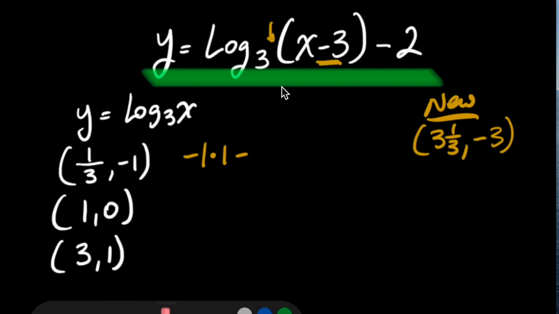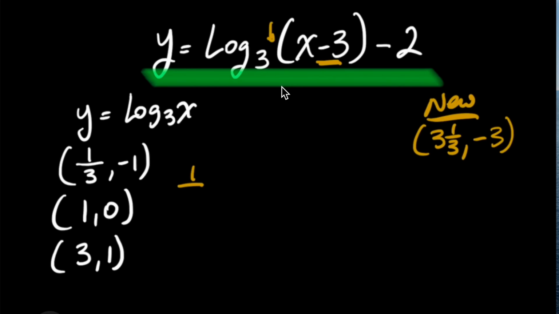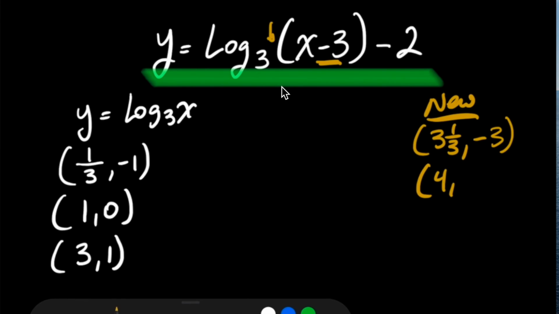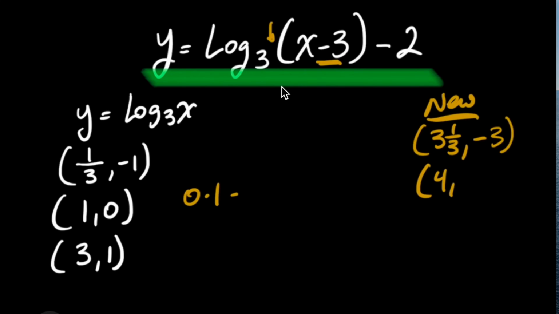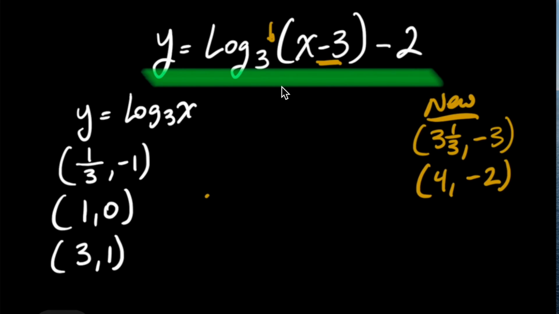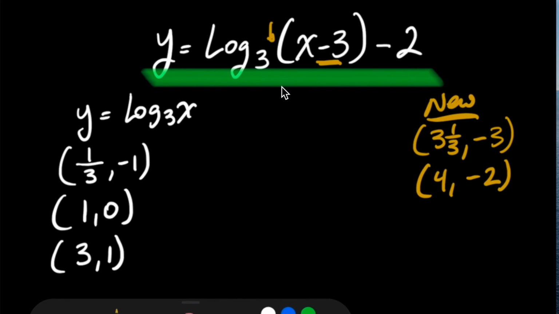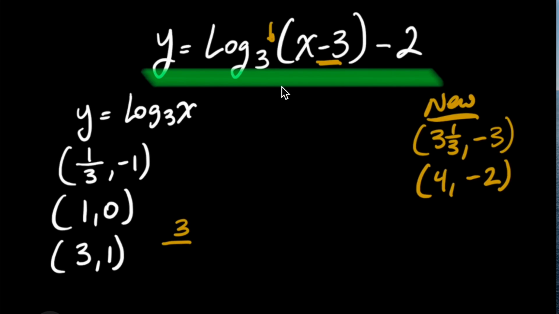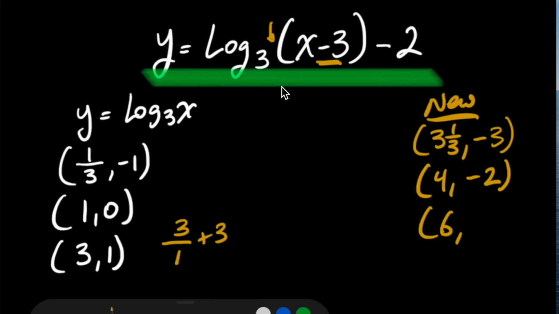For our next point, 1, comma, 0, we're going to take our original x, divide it by 1, apply the opposite, and our new x value is going to be 4. For our y value, we're going to take 0, multiply that times 1, and subtract 2, so our new y value is negative 2. Finally, our third point, our original x value is 3. We'll divide that by 1, we'll add 3, and our new x coordinate is going to be 6.